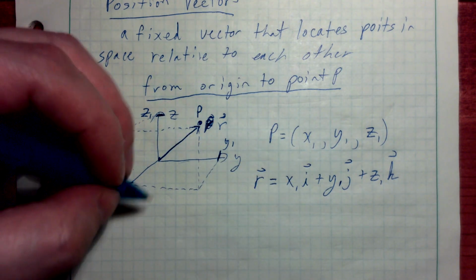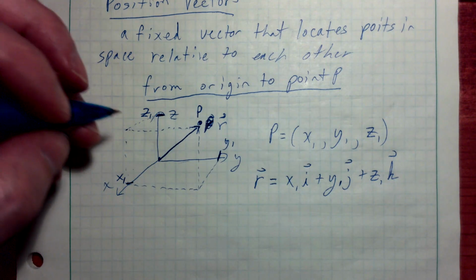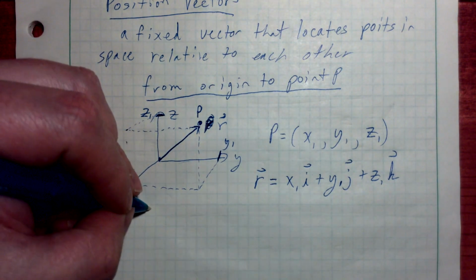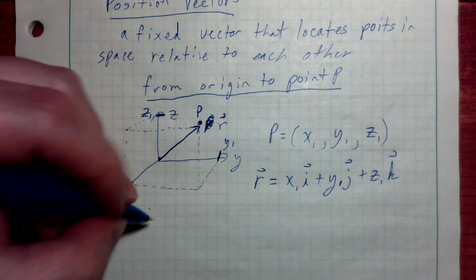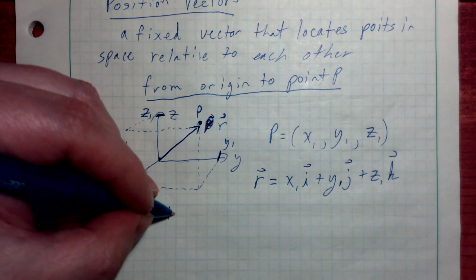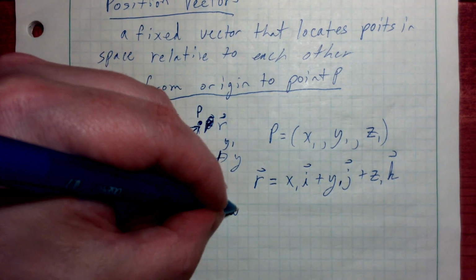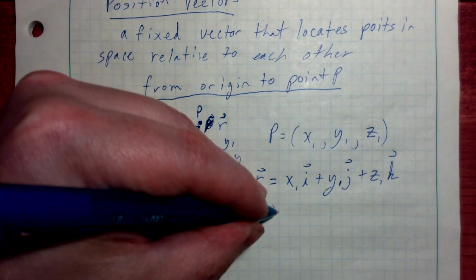Now, sometimes we'll have something going from the origin out to some point P. A lot of times, though, we need to describe a position vector between 2 points.